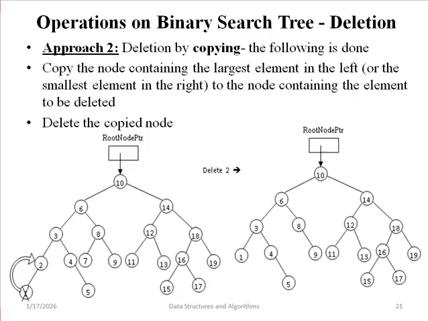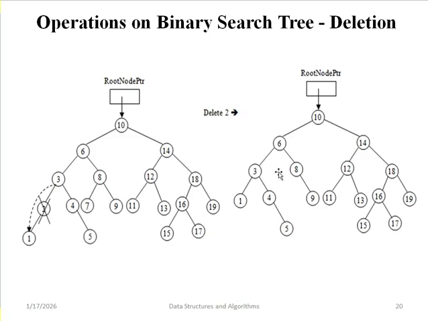You should also think of how we can remove 4. If we want to remove 4, we can simply connect 3 with 5, similar to this one. This is a right child node, so we make it the right child of the deleted node's parent. So 5 will be connected to 3, and under 3 we have 2 and 1.